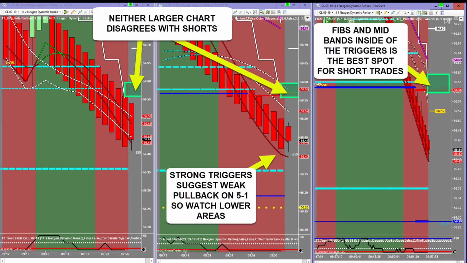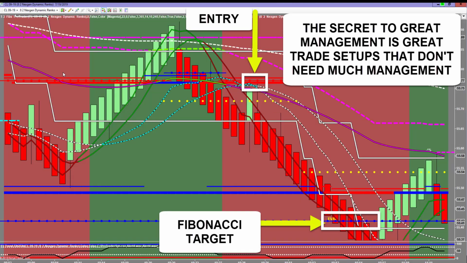When we look at our charts, before we ever place a trade, I want to put an idea into your head. I want the idea to always be with you every single time, no matter what. When you're looking at your charts before you place a trade, this is going to be the secret to your trade management.